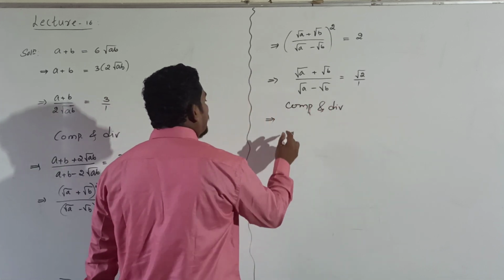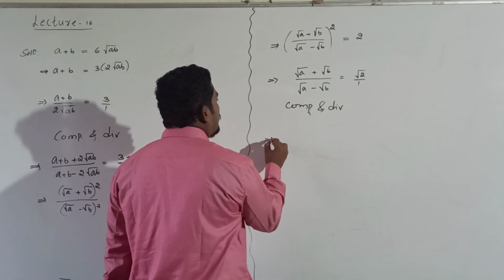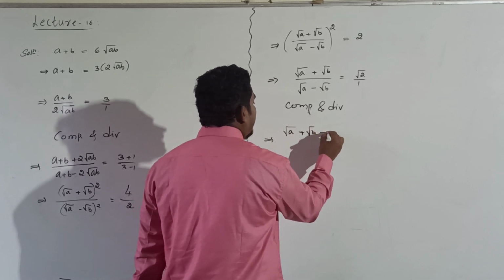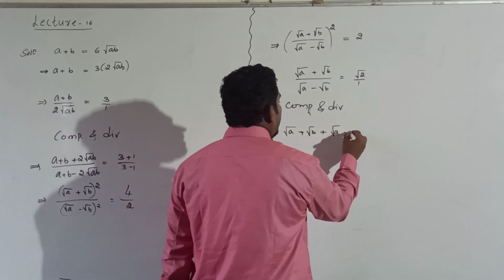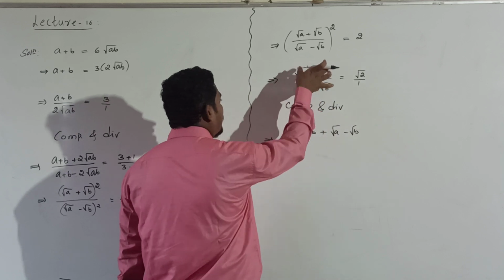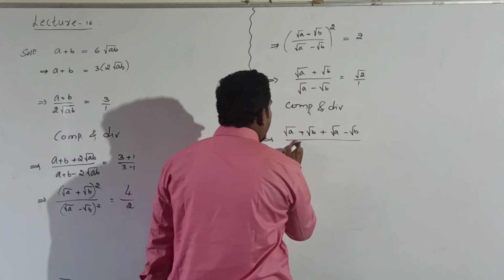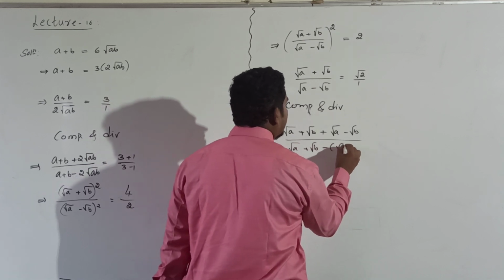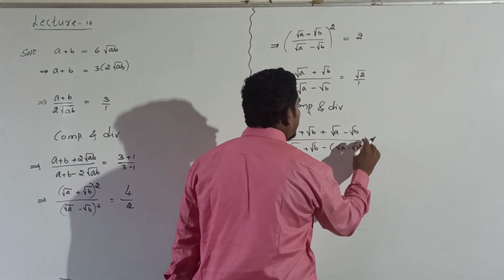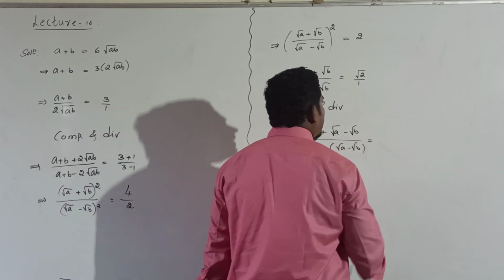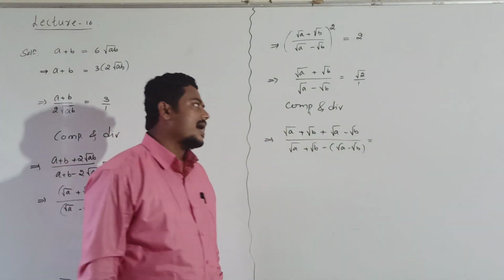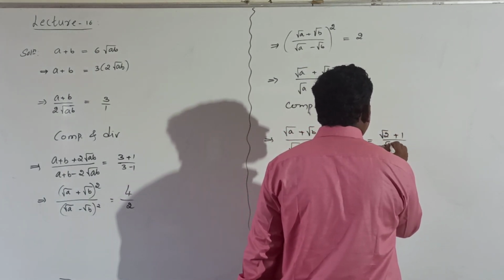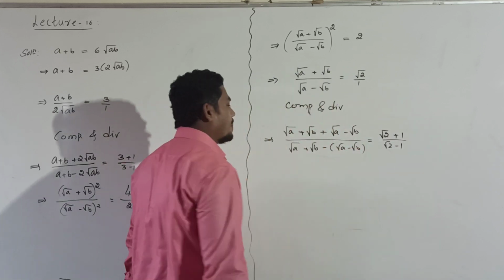Componendo and dividendo: numerator plus denominator divided by numerator minus denominator. The numerator is root A plus root B, plus root A minus root B, divided by root A plus root B minus root A minus root B. That equals, on the RHS also applying componendo and dividendo, root 2 plus 1 divided by root 2 minus 1.